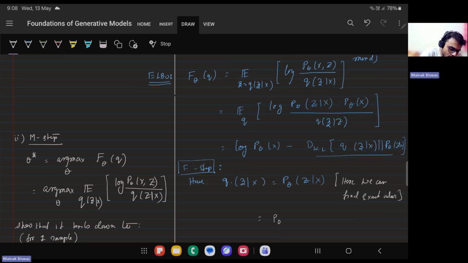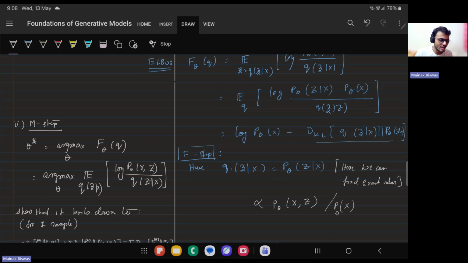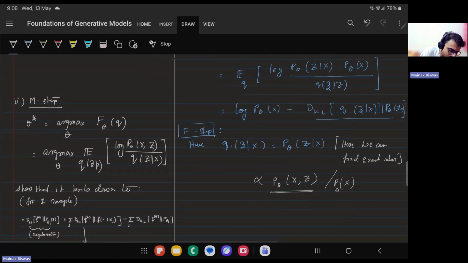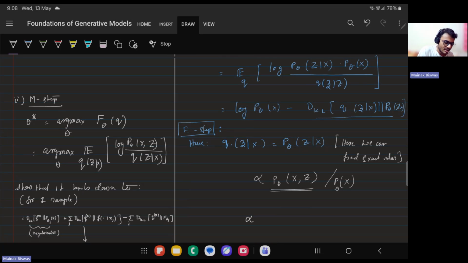I know that p theta of z given x is equal to p theta of x comma z by p theta of x, proportional to the joint. This p theta of x is the same for all z equal to k.